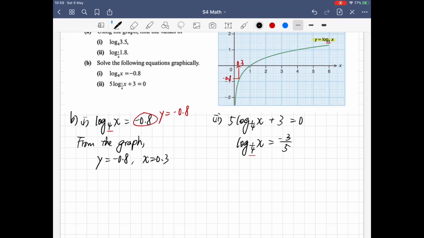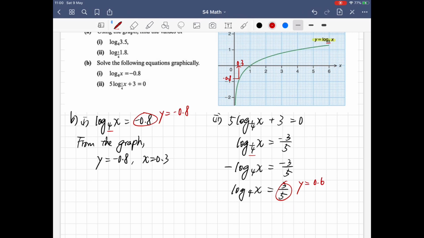So that we have negative log x with base 4. Finally, we put the negative sign to the right hand side. And we have log x with base 4 equals 3/5. And for the value of 3/5, that is 0.6. That means we know that y equals 0.6.